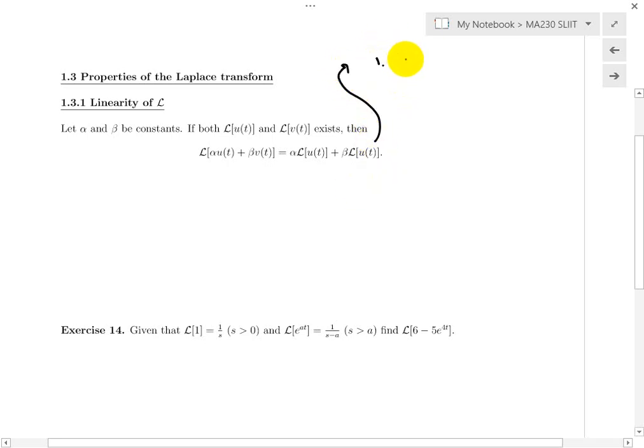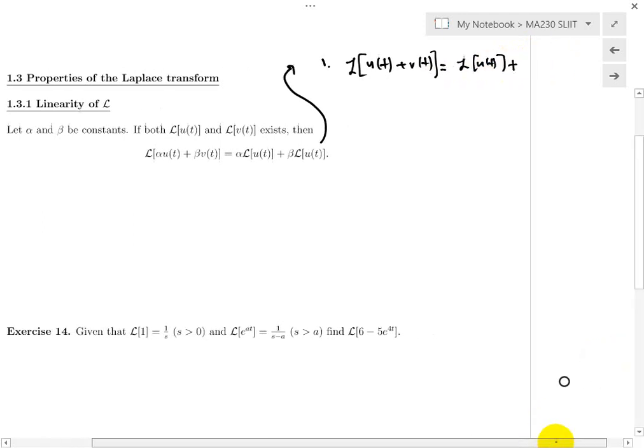So one, if you add two functions u and v and take the Laplace transform, it would be the same as you take the Laplace transform of u and then add the Laplace transform of v.